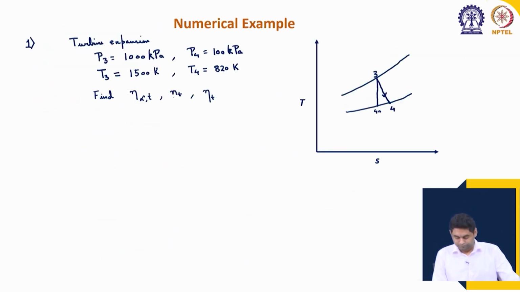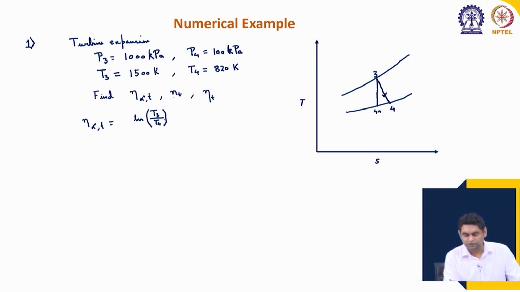So, after derivation, what will we get? We will get that eta infinity t is equal to ln(T3/T4) divided by ln(P3/P4) to the power (gamma minus 1)/gamma. Again, I will remind you, do not start with this as a formula, derive this from the basics.